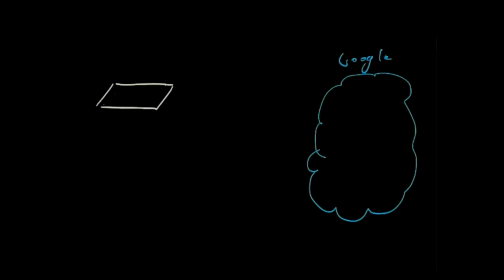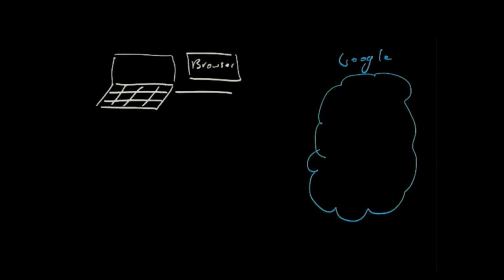Okay, this is some more explanation about the UA. Suppose this is the Google server and this is my PC, and inside my PC I have a browser and also Anki.